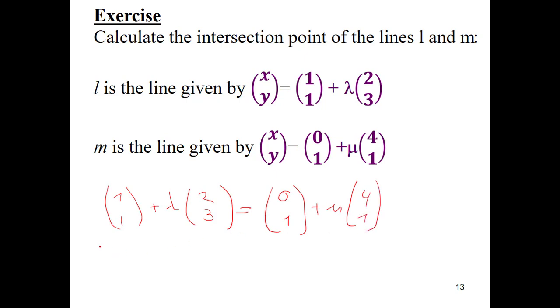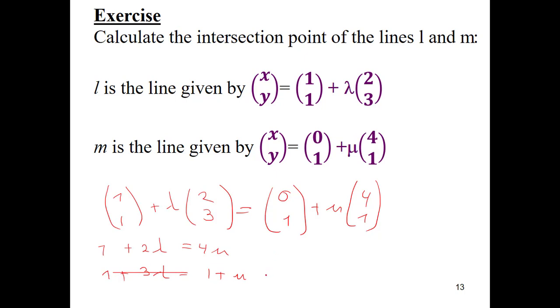Then we would say 1 plus 2 lambda would be 4 mu, and 1 plus 3 lambda would be 1 plus mu. Hopefully you immediately recognize we have 2 equations with 2 unknowns, so we can solve. Let's do a substitution for a change.